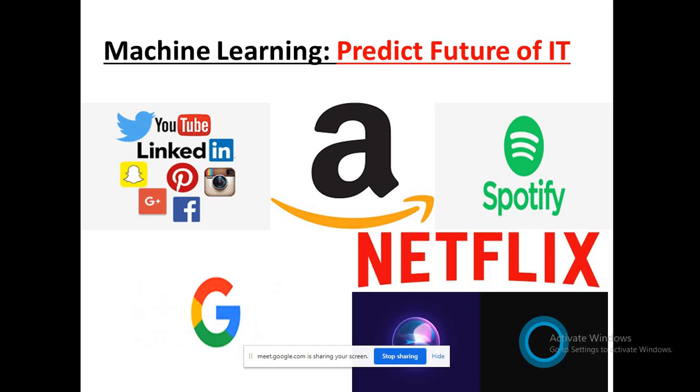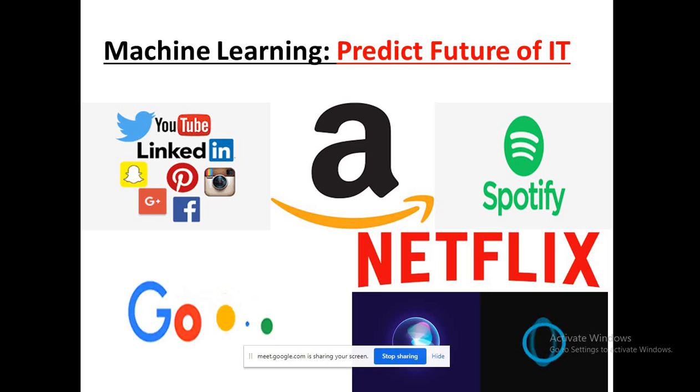And after some time, I started seeing the same kind of promotional ads on YouTube, on Facebook, and Instagram. So I was wondering how this guy knows that I am looking for this particular product, because I cancelled it from the cart, but it's showing me the same ad again and again on different platforms. So is there any connection between Amazon and YouTube, or how do they know that I want that particular shoes or any product? So this comes from machine learning.